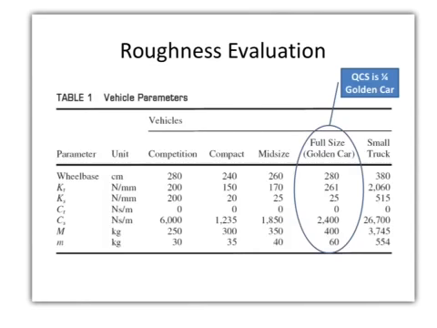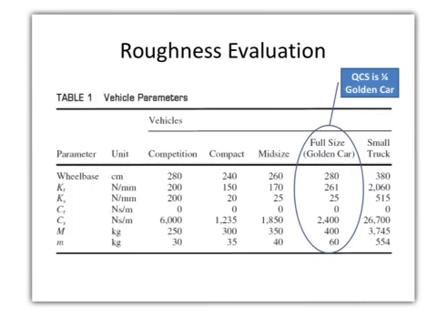This is a table that shows the vehicle parameters used to measure the International Roughness Index. First of all, we can see the parameters that we end up using and the unit for each one of those parameters.